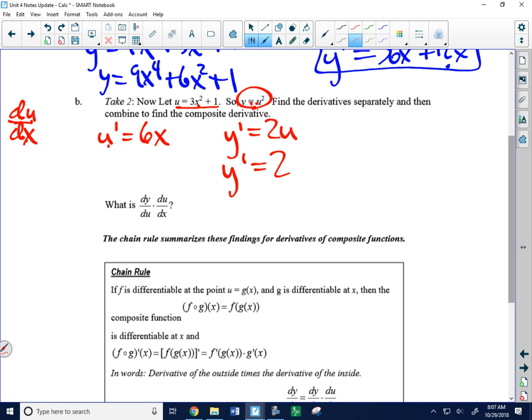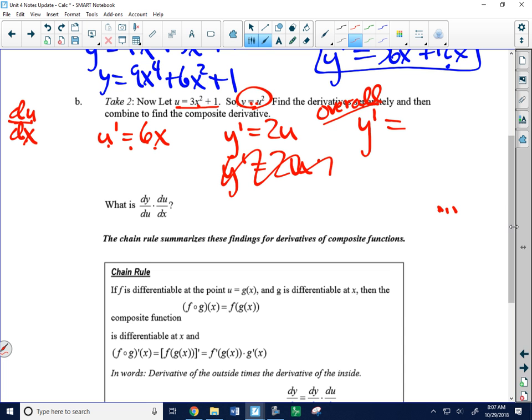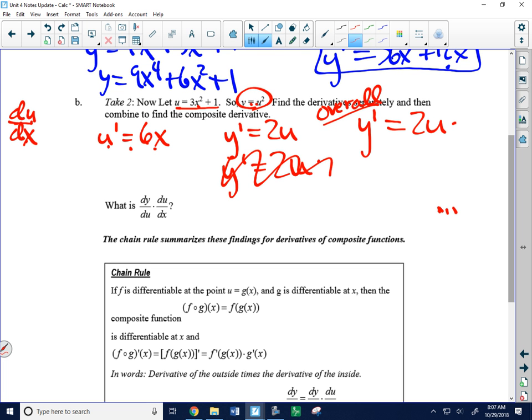It's multiplying the derivatives that I got, so it's going to be 2u times the one I got here, 6x. So I'm multiplying the two derivatives.